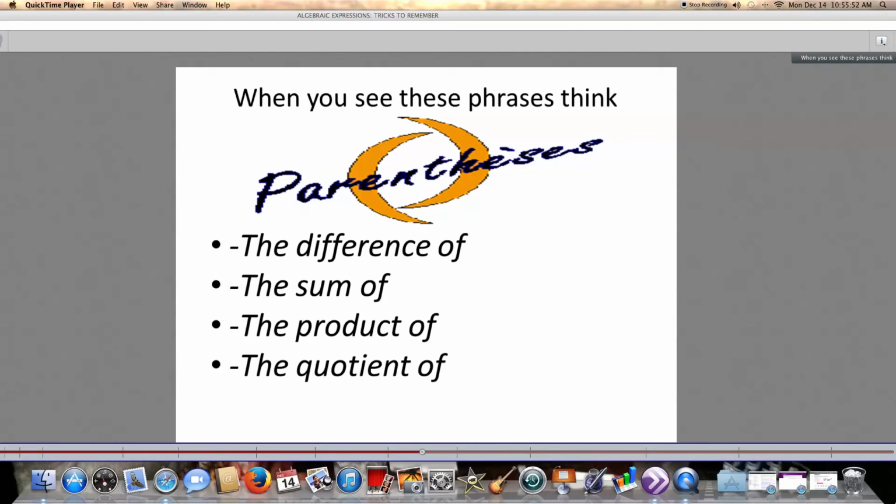The sum of, well, that means parentheses. The product of, that means parentheses. The quotient of, that means parentheses. Those phrases should be memorized, and whenever you see them, it should trigger parentheses. This is for longer sentences, and I'll show you what I mean.